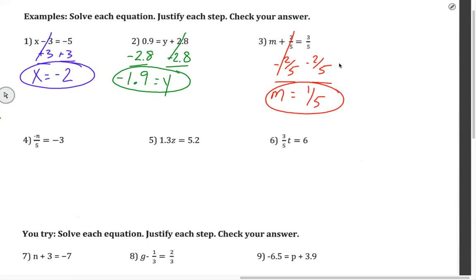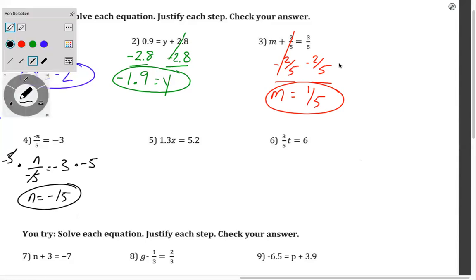Okay? Now, for number 4, this one's a little tricky because that negative with the n, I'm actually going to move down with the 5 because it's another way I could rewrite that. So I multiply both sides by negative 5. So these negative 5's cancel. I'm left with n equals negative 3 times negative 5 is negative 15.